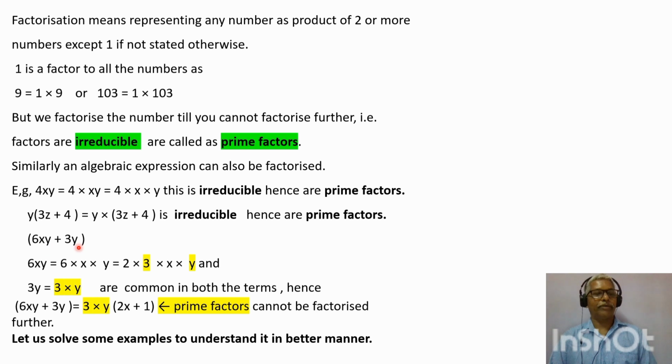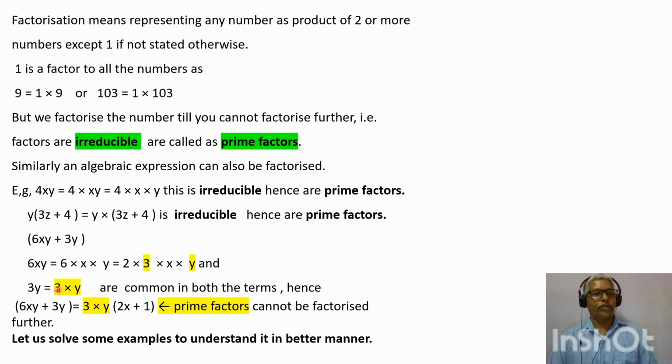Now look at this, 6xy plus 3y. Very interesting. We factorize this term and this term separately. Factors of 6xy, 6 into x into y, that is equal to 2 into 3 into x into y. These are the factors of 6xy, and 3y factors as 3 into y.